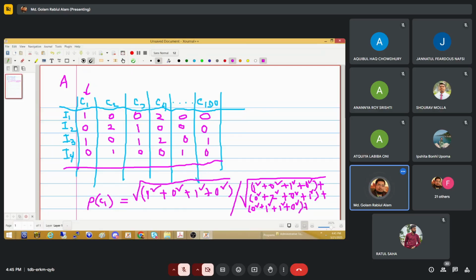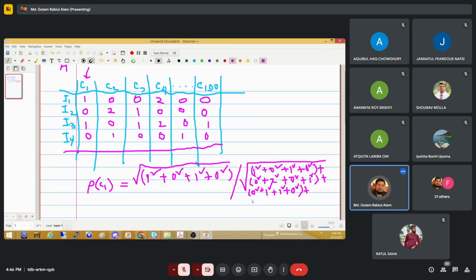In this way, think about column 4 also: 2 square plus 0 square plus 2 square plus 0 square.